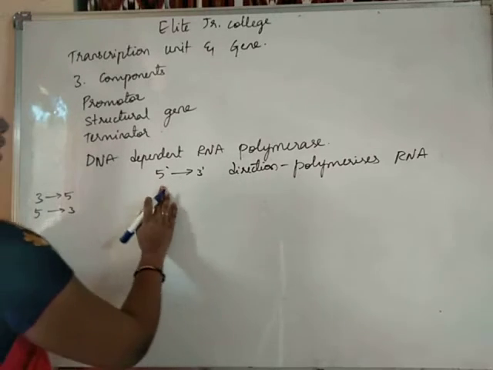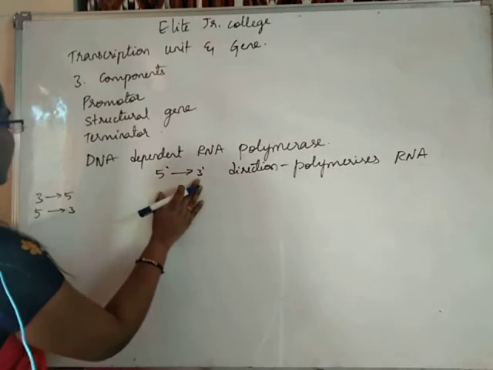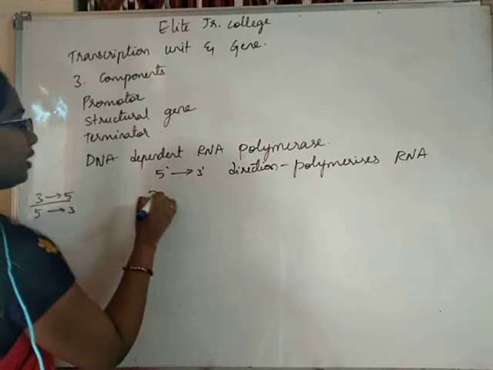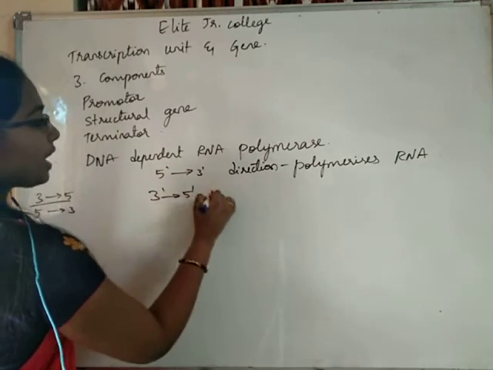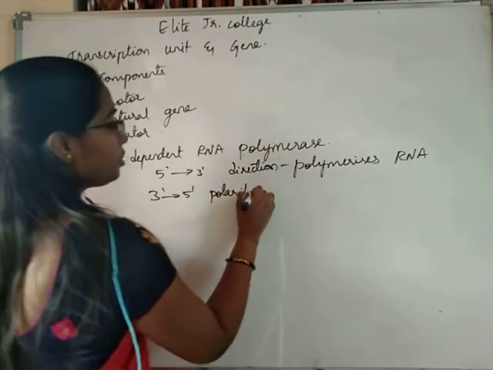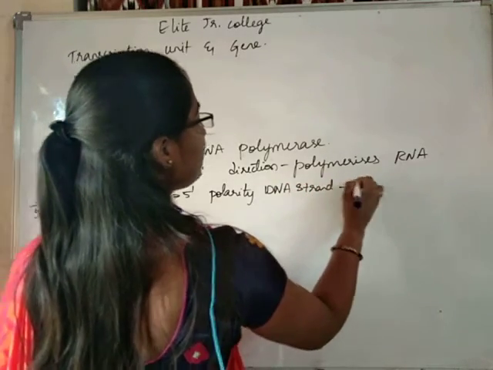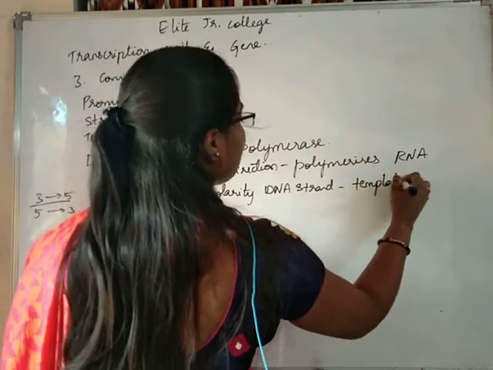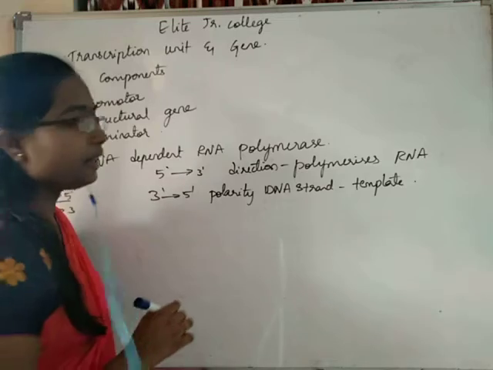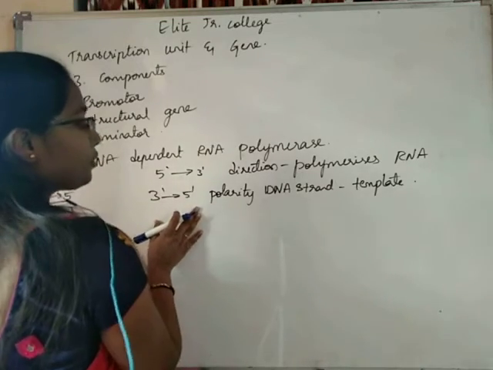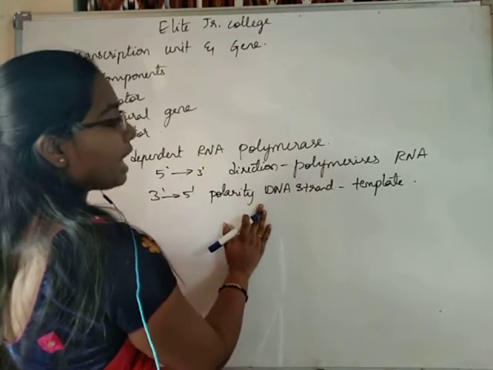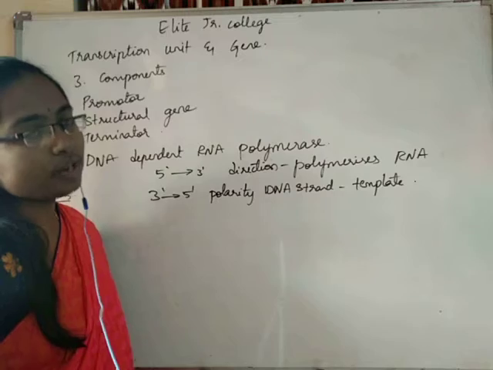Because the direction of polymerization is 5 to 3, the 3 to 5 polarity DNA strand will act as a template for synthesis of RNA.